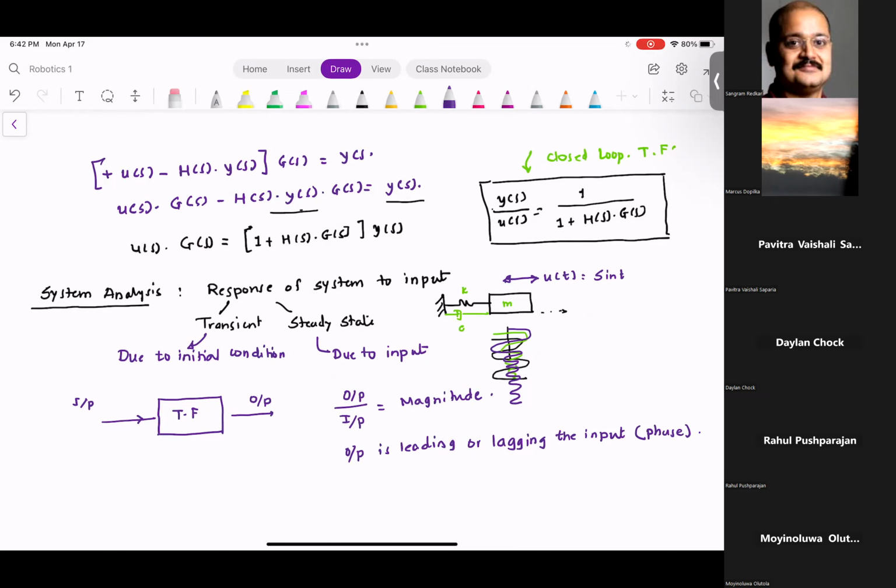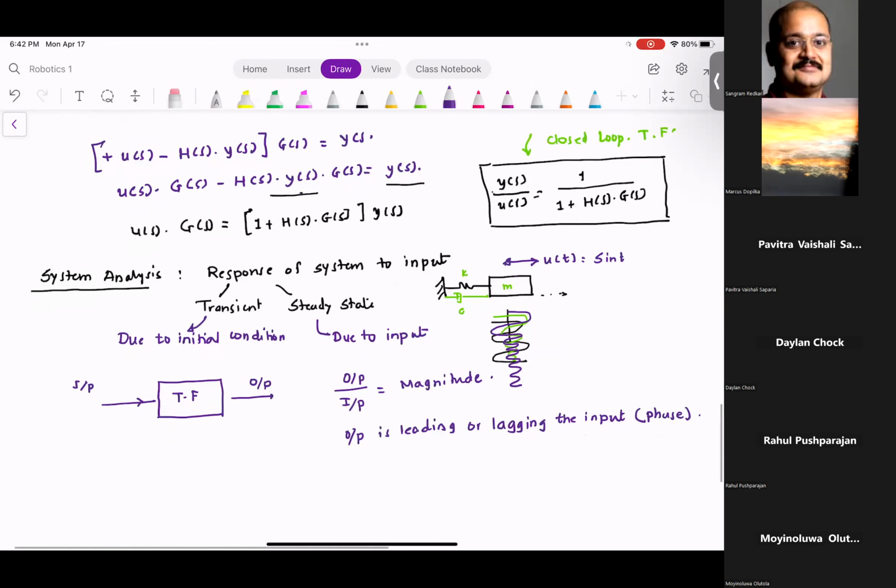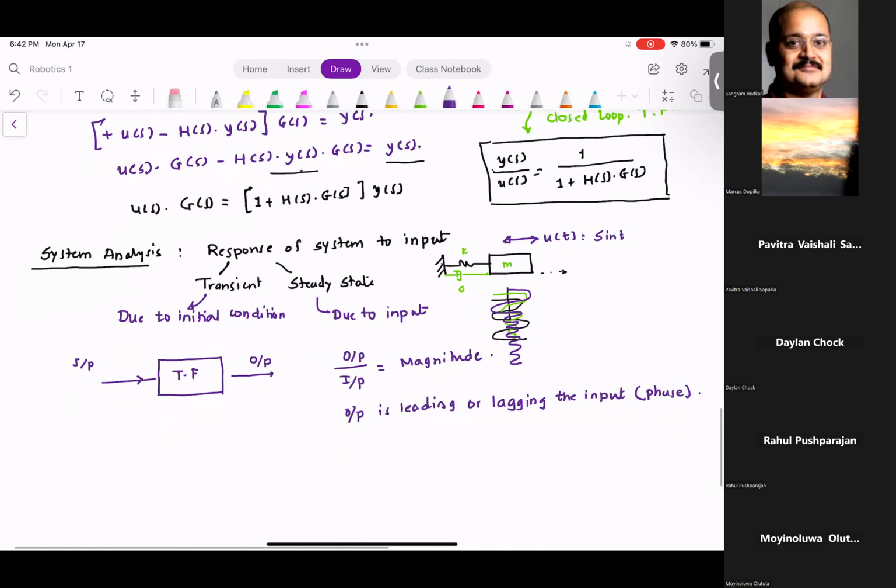Now, to understand this system behavior, we can construct a transfer function and perform some type of analysis, and that analysis allows us to understand whether the system is stable or unstable. We talked about different types of stability.